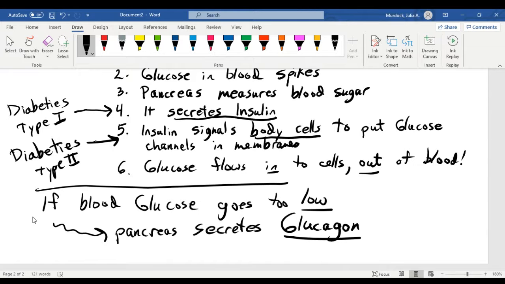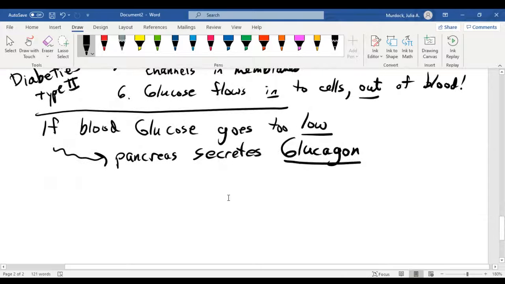And what does glucagon do? What will it go do? Come on, one last thing and then we're done.